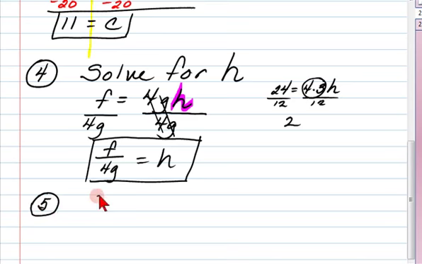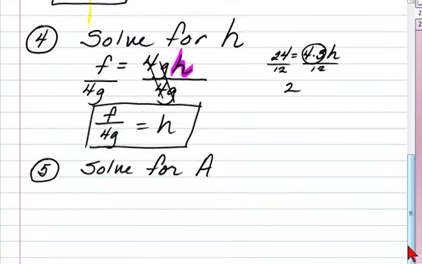Number 5 says, solve for a. Okay, so whatever this formula is, I'm going to try to solve it for a. And the formula is V is equal to A Q T. Now, when the problem said solve for A, that makes A the variable.